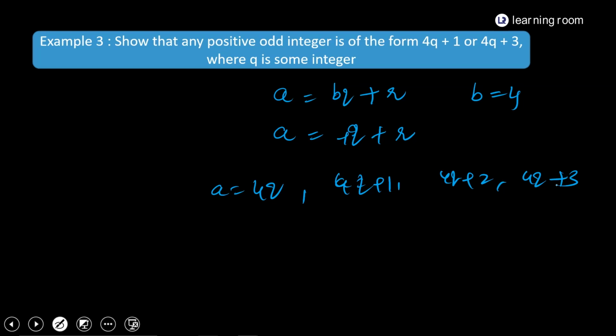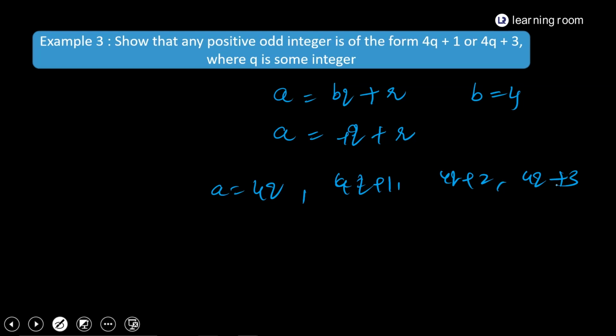So Anirudh, if you consider b equal to 6, can you say what are the forms of even integers? If b is equal to 6, how can you express a? a is equal to bq plus r, right?